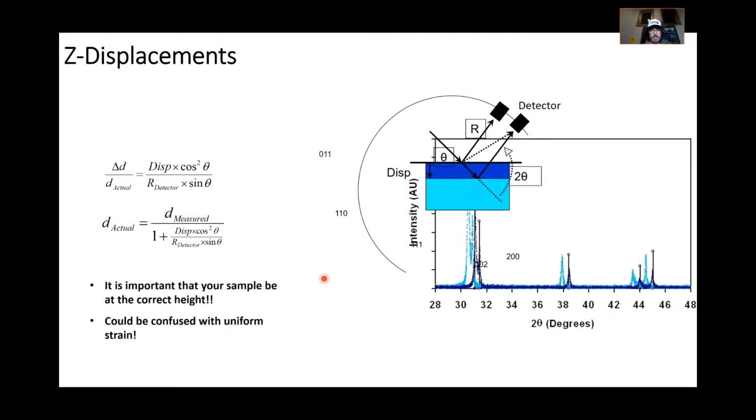Anyway, there's some math, but the important thing is if your Z height is too low, your peak will shift to the left. It's important that you understand that and not get it confused with uniform strain. If your sample is too high, you just won't get a signal for the most part.